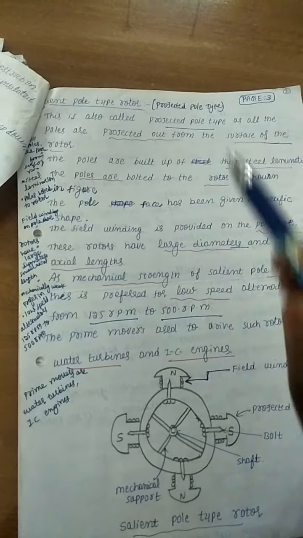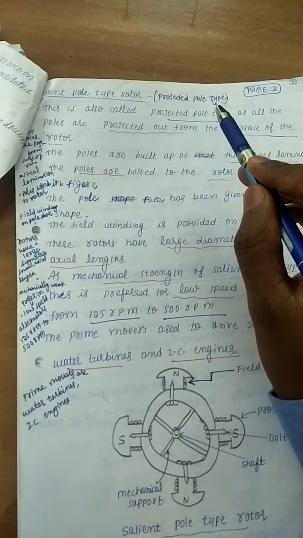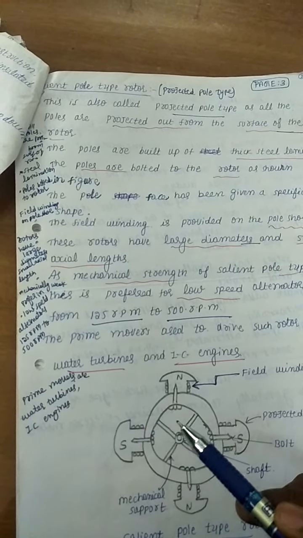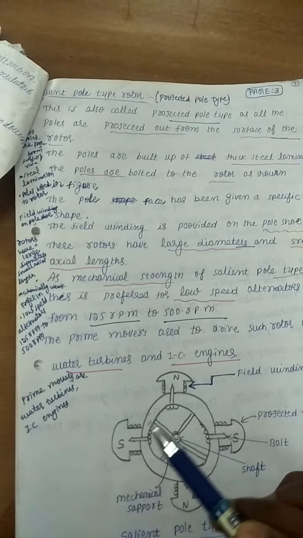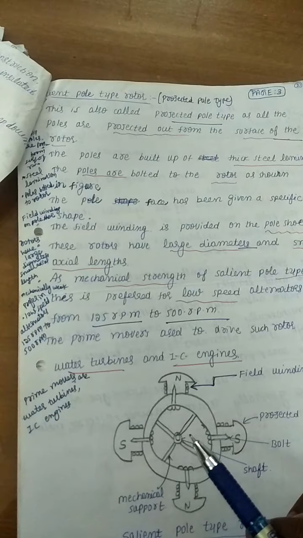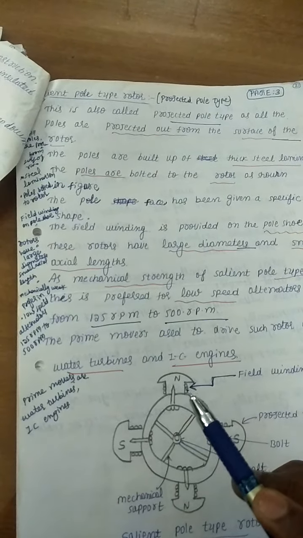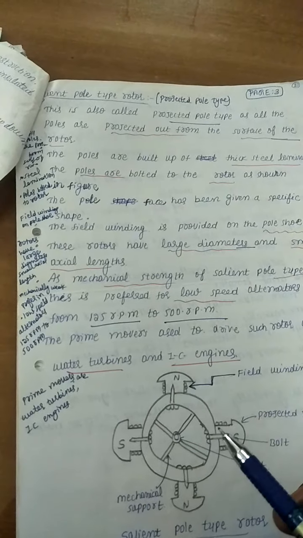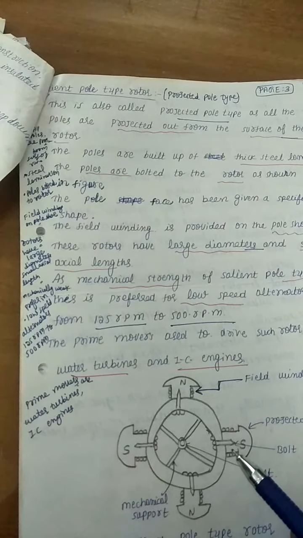Therefore, it is called projected pole type rotor. Your rotor is made of steel laminations, and these poles are bolted to the rotor. You might observe the field winding on the pole shoe. This is your pole shoe, S-H-O-E, shoe.